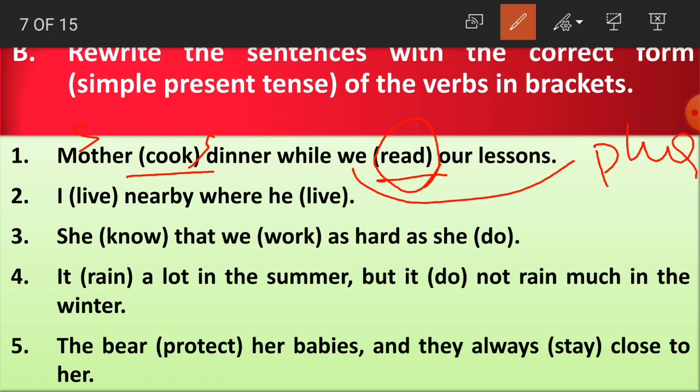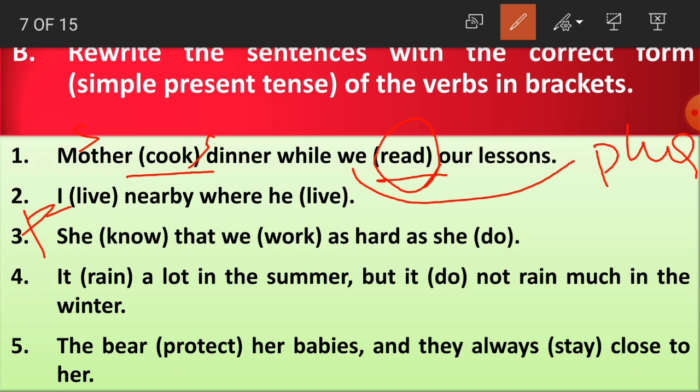I live nearby where he live. I, what is it? Singular or plural? Plural. Then will live change? Must we add s or es? No. Because this is plural, no need to change the verb here.